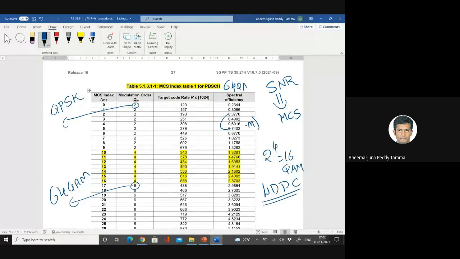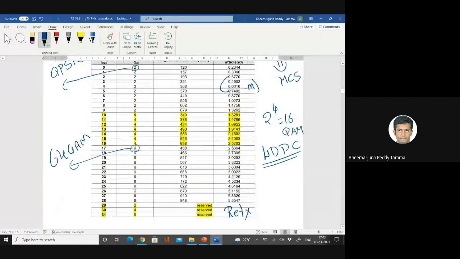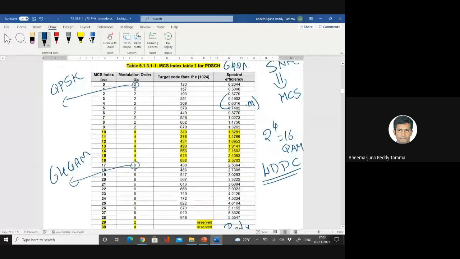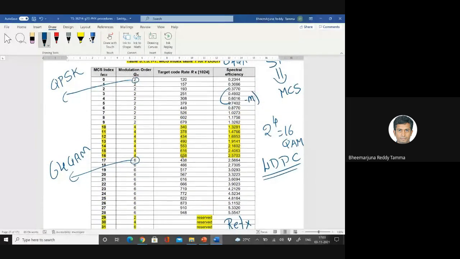These have very good efficiency in terms of successfully decoding the transmitted bits. But what you see here is that depending on the channel, you decide how many information bits you want to pack. So how it works out is something like this. What you see is the target code rate. Look at here, this part.